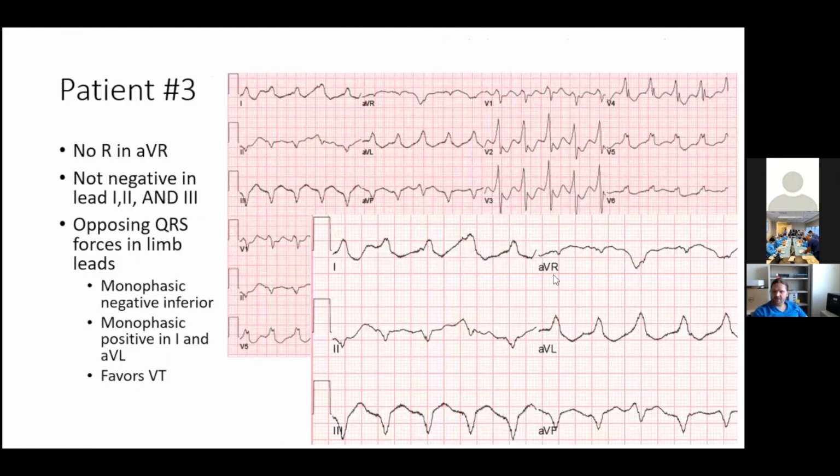So here we don't have an R in AVR. It's not negative in 1, 2, and 3, but we do have opposing QRS forces in the limb leads. You have a monophasic negative complex in 2, 3, and AVF, and in 2 of the 3 other leads, 1 and AVL, you have monophasic positive complexes. So these all favor VT.